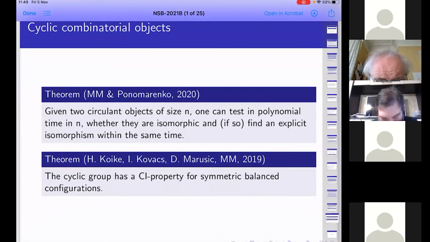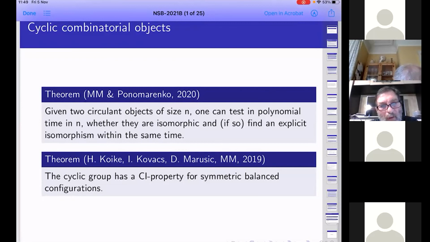If I take a cyclic group and consider symmetric balanced configurations, a balanced configuration is a regular hypergraph where the number of hyperedges is the same as the number of points, and every point is incident to the same number of hyperedges.